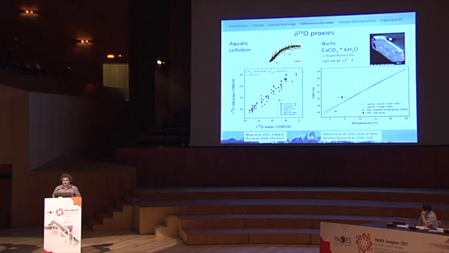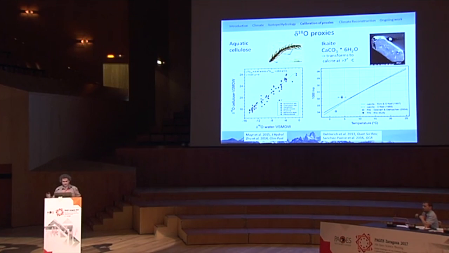What proxies do we have in this lake? There is, on the one hand side, a typical example of an aquatic moss, which is quite abundant in the late glacial and early Holocene.